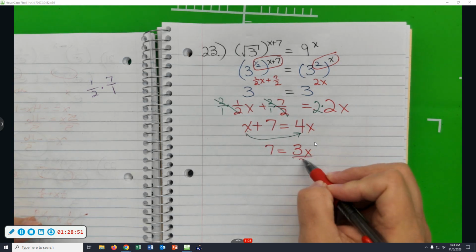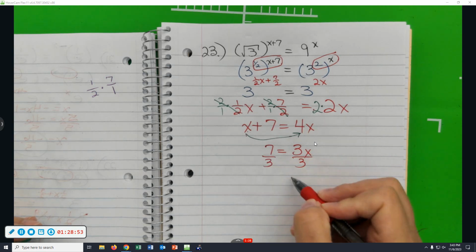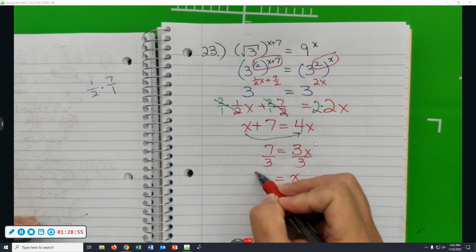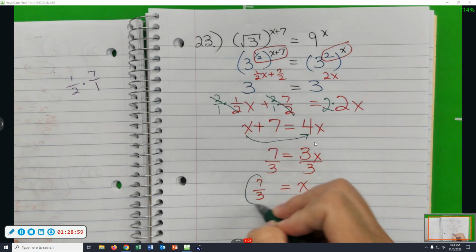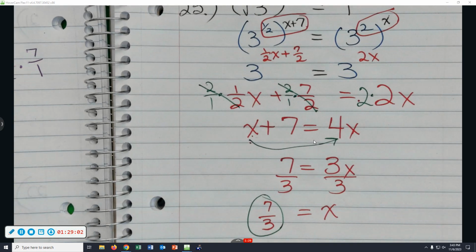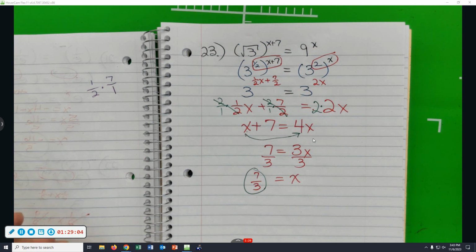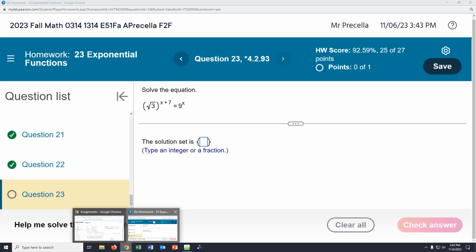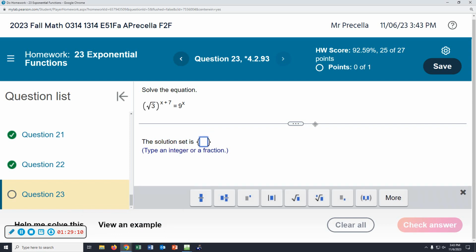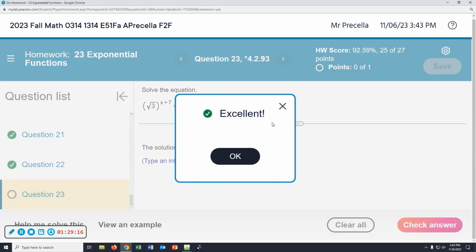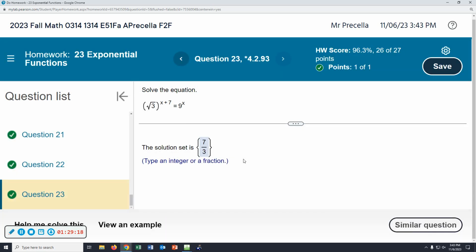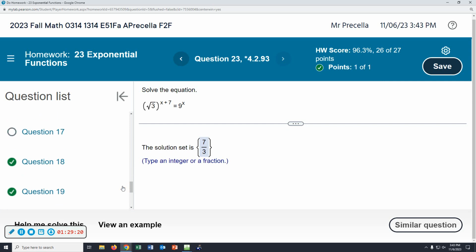So divide by 3 to give me x equals 7/3. Any questions there?